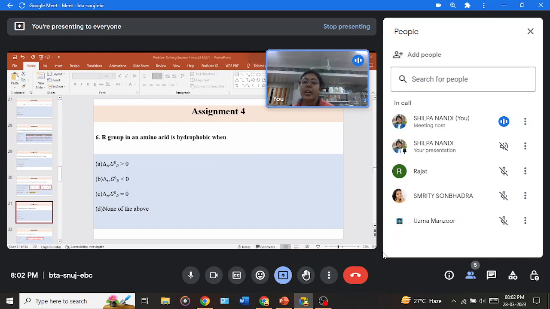So the Gibbs free energy of transfer is equal to the Gibbs free energy of the amino acid minus the Gibbs free energy of glycine. This was the equation which we went through during the recap of lecture number 10. So think about the same and try to answer this question.